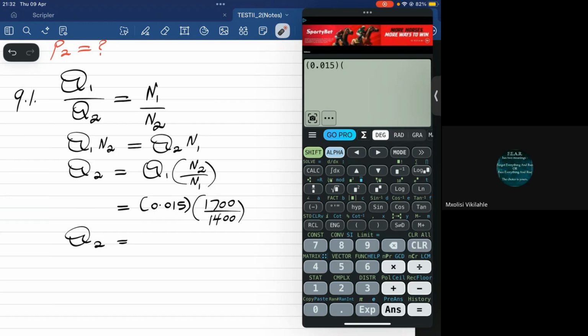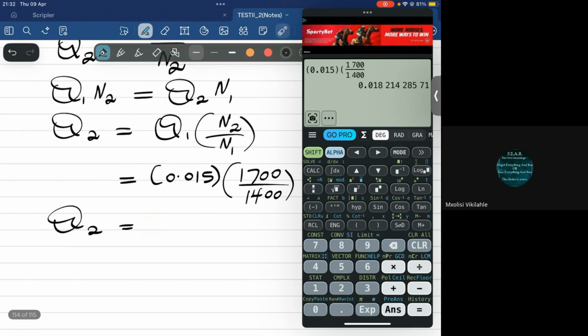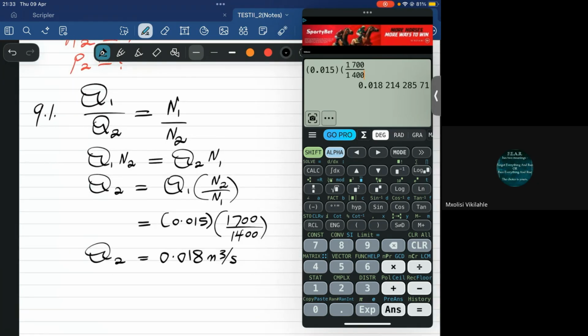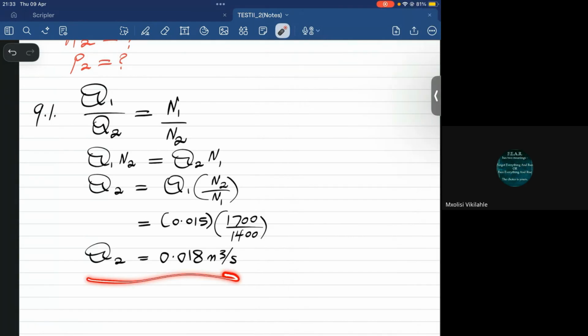We've got 0.015 times 1,700 per 1,400, which is equal to 0.018 cubic meters per second. So you can see that Q2 is greater than Q1.